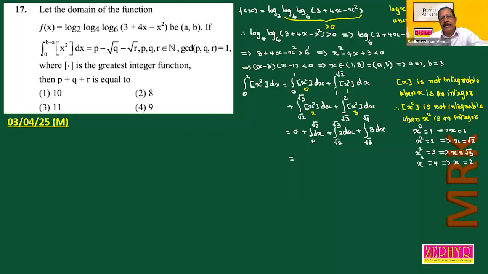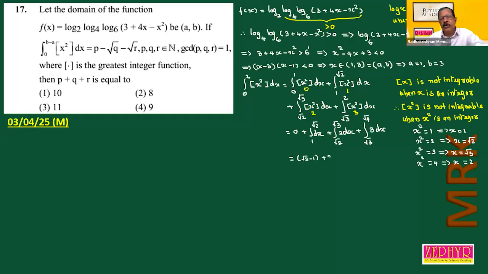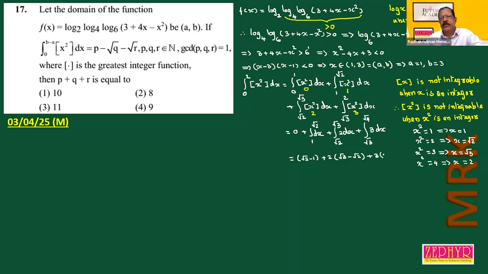So the first is √2 minus 1, plus 2 into (√3 minus √2), plus 3 into (√4, that is 2, minus √3). Here √4 is written, but actually it is 2 only. Now let's simplify this.